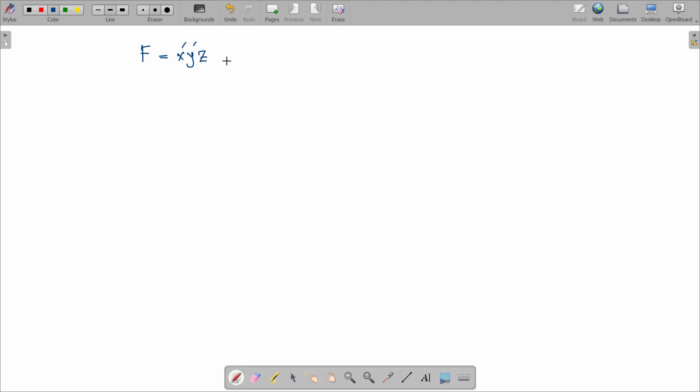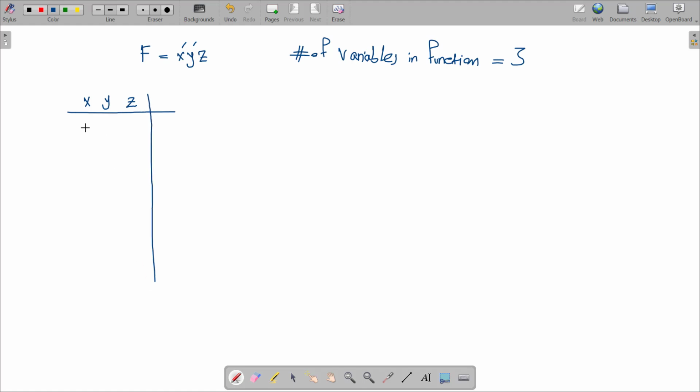Now, first of all, we look at the number of variables in the function. If you look at the number of variables in the function, we can see that this is 3. So for this reason, we have to write x, y, z in this order, and write all of the possible combinations.